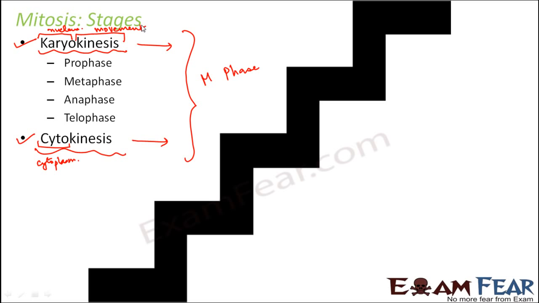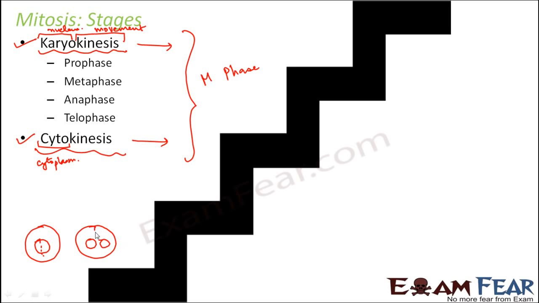Now just imagine, let us suppose you have one cell and inside you have a nucleus. Once the karyokinesis happens, that means the nucleus divides. So the cell is still the same, but the nucleus divides into two halves. Now in the second half, that is cytokinesis, this entire thing is cytoplasm.